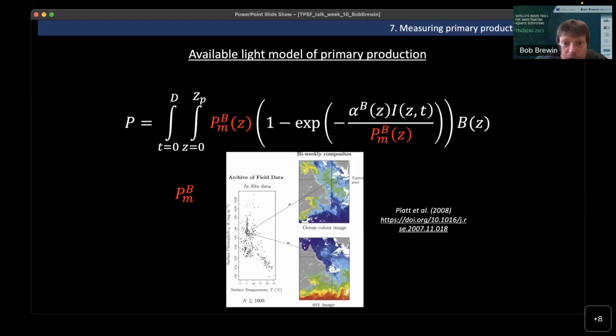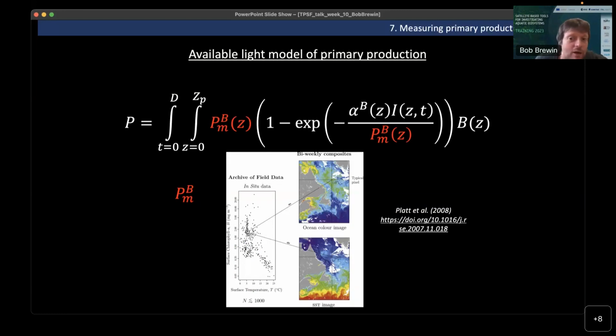Another approach, actually this was a nice paper published by Tréguer and colleagues in 2008, is to use large in situ data sets of PB max and then develop techniques that look into this data set and find, for a given pixel, similar conditions.